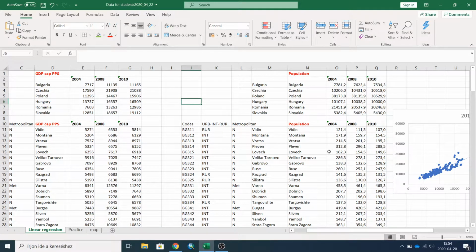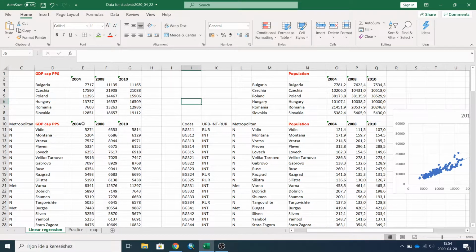And I would like to know what the determination factor of population is, how much the population of each NUTS2 region determines the GDP per capita values.